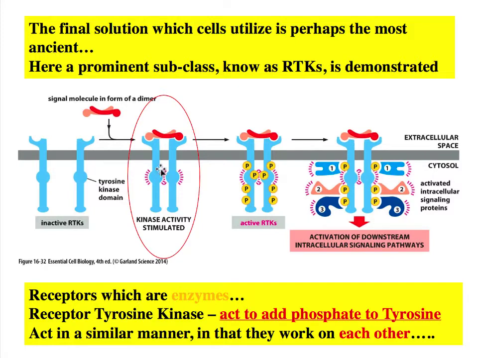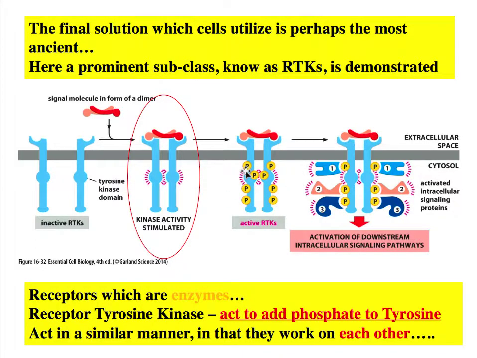And this is where the enzymatic activity takes place. Because these proteins are kinases, they will place phosphates on their partners. So within a very short period of time, you may end up, for example, looking like this. Here we have 4 phosphates added to the dimer on each side. So a total of 8 phosphates.